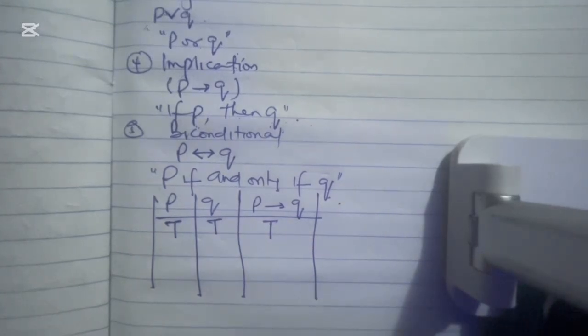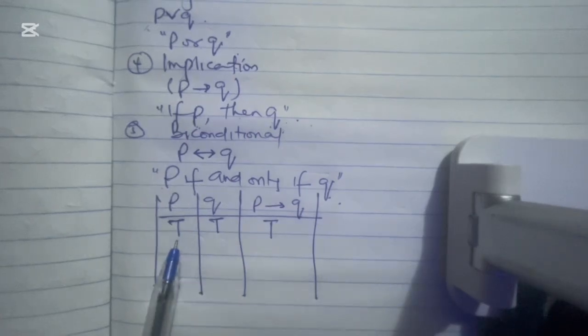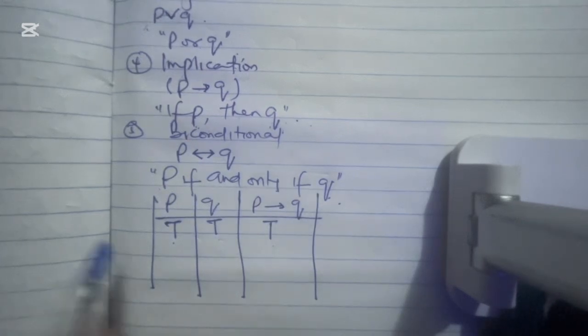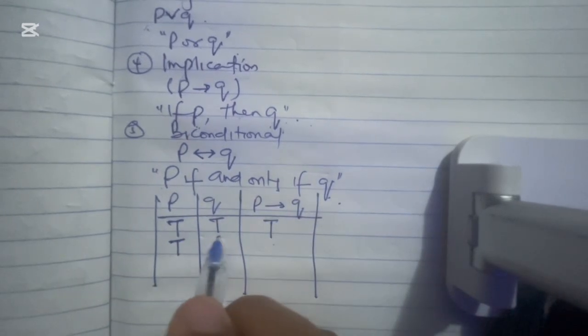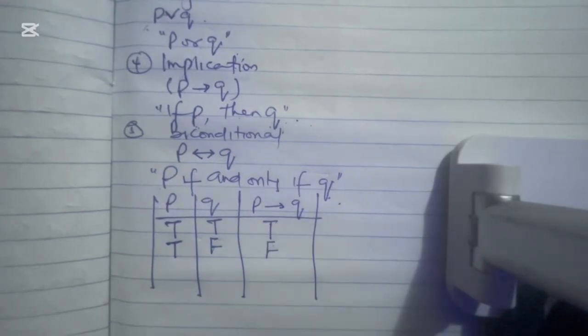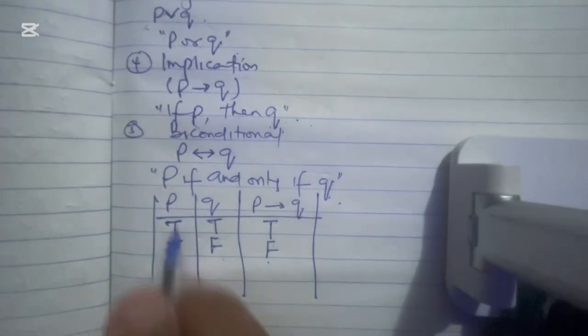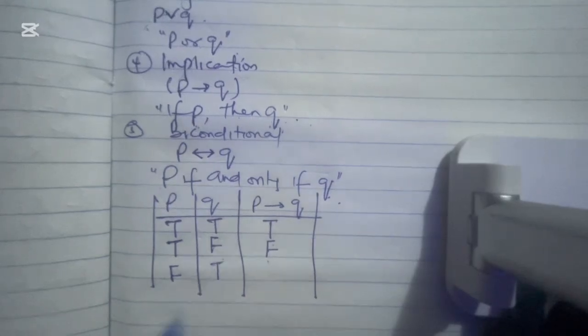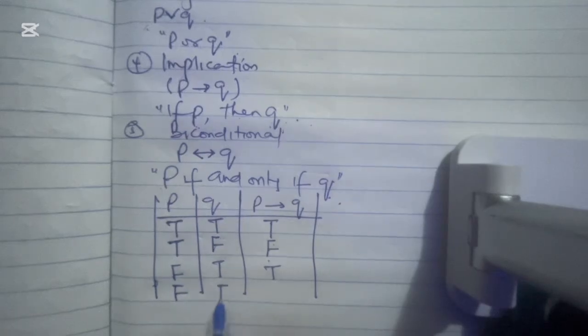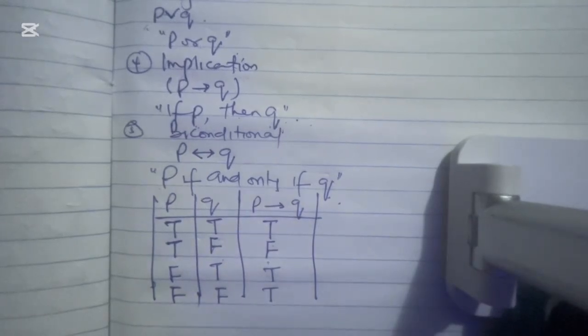Remember, implication is false only when P is true and Q is false. When P is true and Q is false, the implication is false. How about when P is false and Q is true? It will be true. Lastly, if both of them are false, then the implication is true.